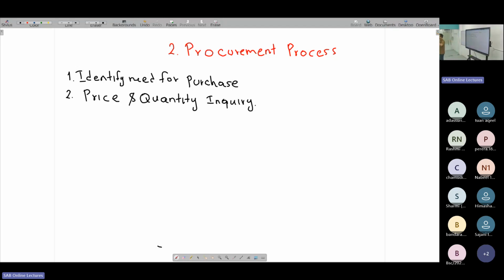That inquiry should be made by the buyer. So third step, we should receive the quotation. So the seller will confirm his price and the quantity he will deliver to you. That confirmation should be given. So third step, receiving quotation.